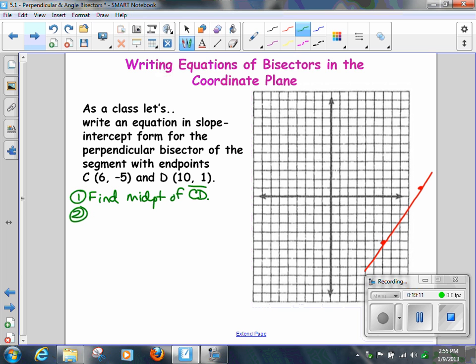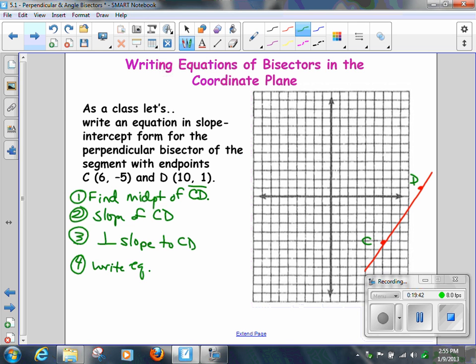Add the x's divided by 2, add the y's divided by 2, and we'll do that in a minute. But I'm also going to have to know the slope of segment CD. Here's C, here's D. And then I'm going to have to write the perpendicular slope to CD. Step 4, I got to write the equation.